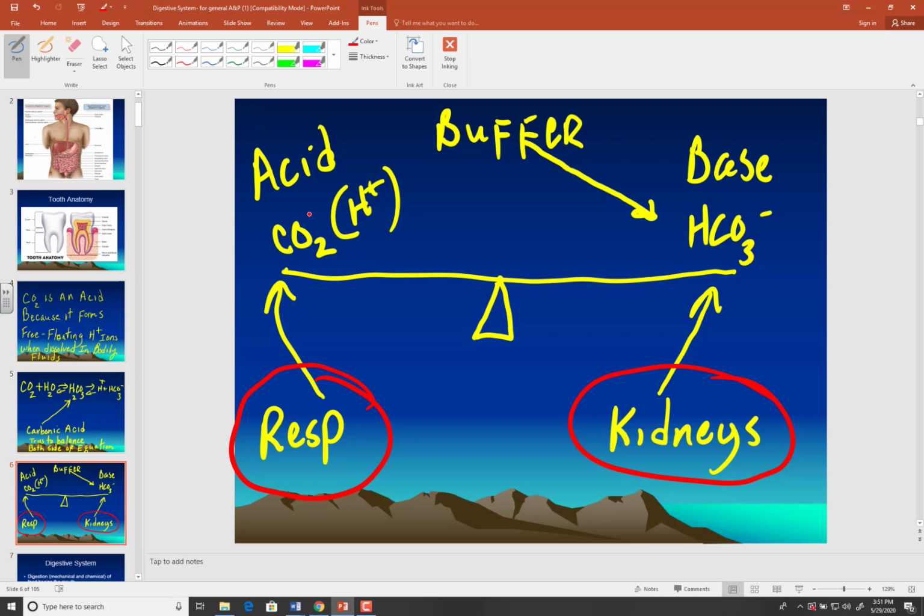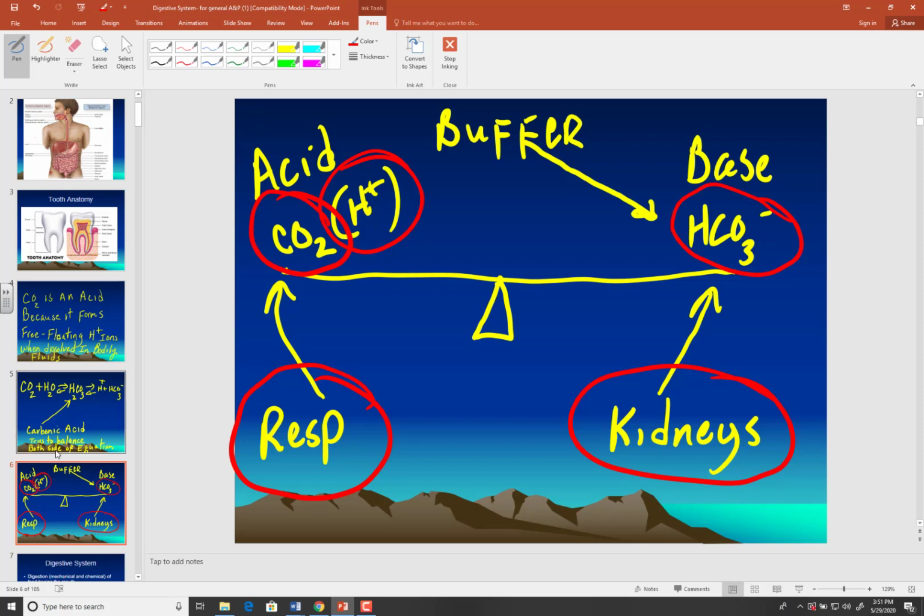Now, I just explained to you that CO2 is an acid, right? Because it forms free-floating hydrogen ions. So if you look, you have to balance this CO2, which is an acid, with bicarbonate, which is a base. So there has to be this balance between acid and base in order to maintain that pH.